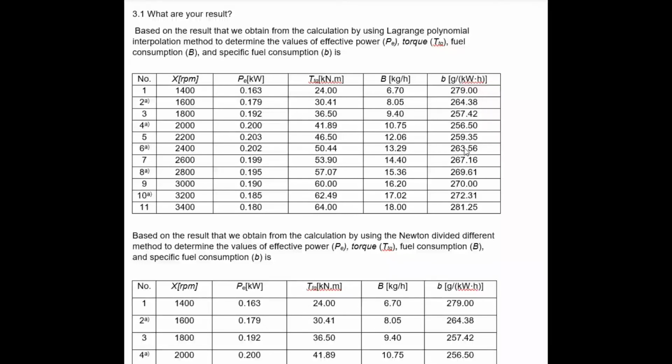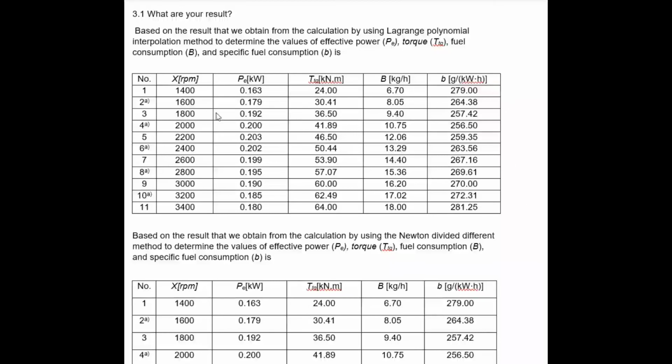As for 2000 rpm, 2400 rpm, 2800 rpm, and 3200 rpm, you can see them in the table here.